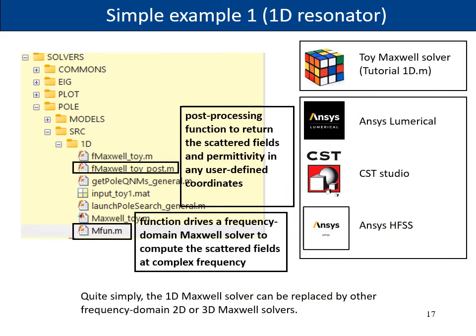At last, I would like to stress that in this simple example, we rely on a very trivial Maxwell solver that can only compute the field scattered by a 1D slab excited by a planar source.